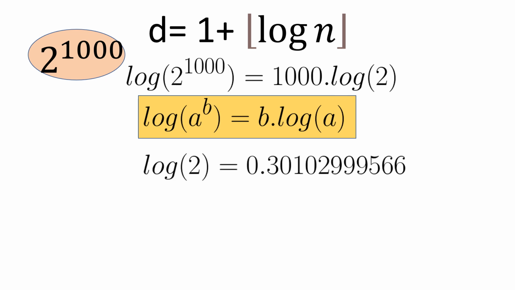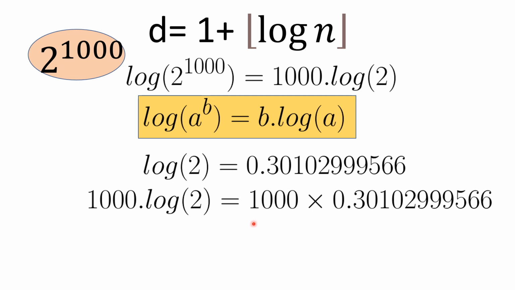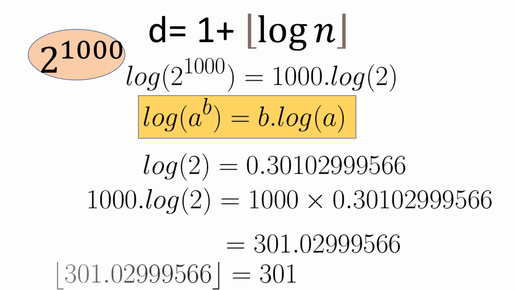And the value of log base 10 of 2 is approximately 0.30102999566. So 1000 times log 2 equals 1000 multiplied by 0.30102999566, which gives us 301.02999566. Now we apply the floor function.